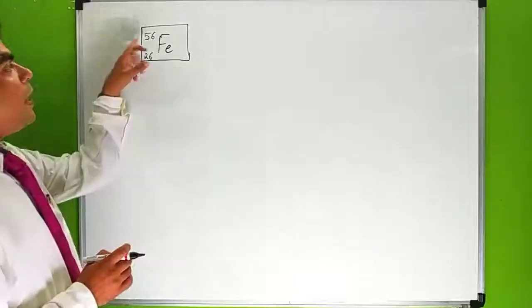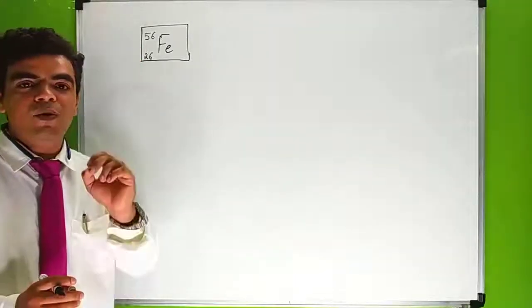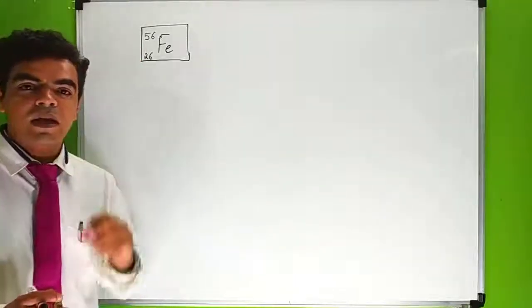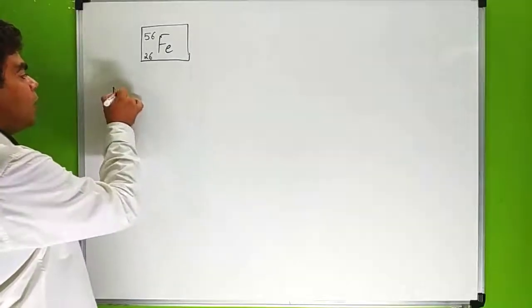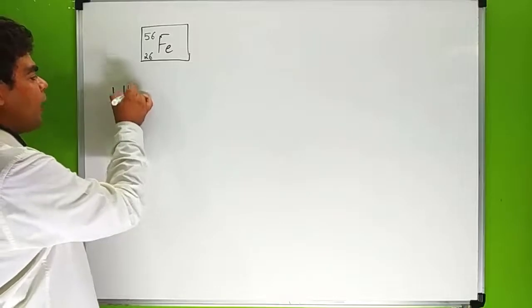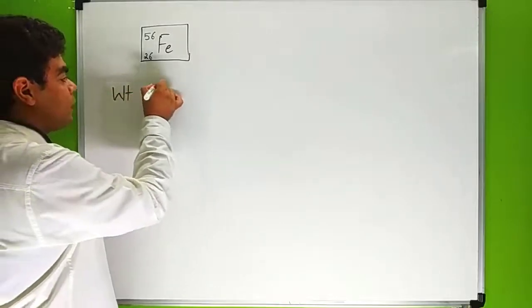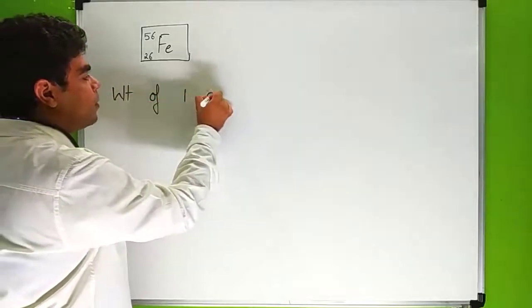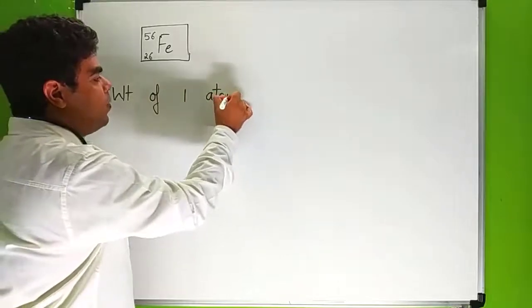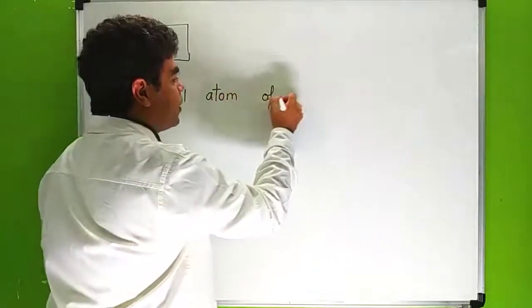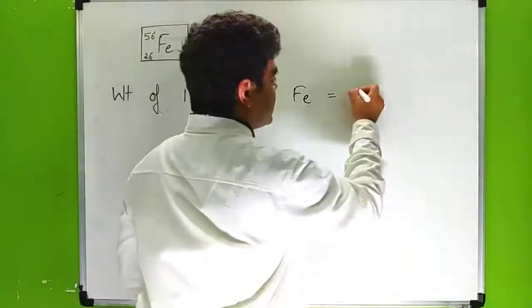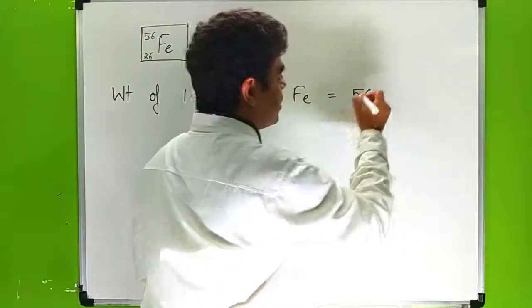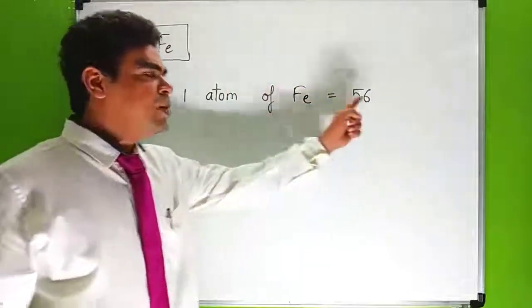So basically, looking at this number 56, you can draw two conclusions. The first one is weight of one atom of iron is 56. Now, what should be the unit?